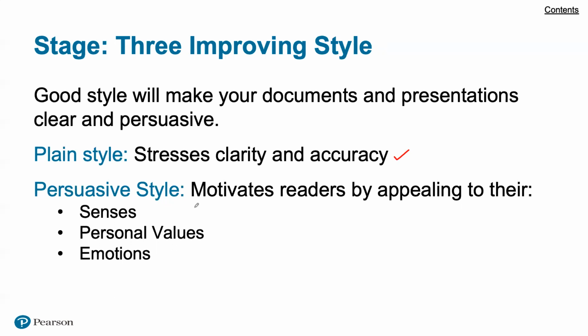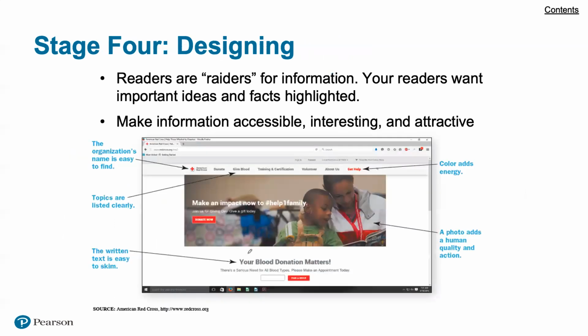So in this case, you're trying to motivate the readers by appealing to their senses, personal values, and emotions. So this gets back to make sure you know your audience and that you're improving what you have to reflect what's most important for them.